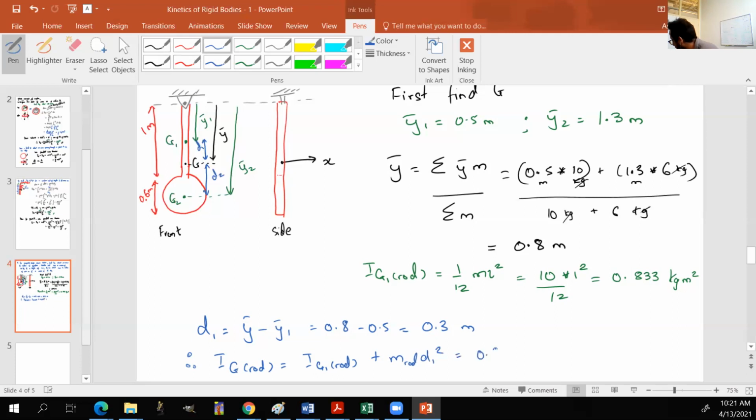So that's just 0.833 plus the mass of the rod, which is 10 kilograms, so 10 times 0.3 squared. How much does that come out to be equal to? 1.733 kilogram meter squared.